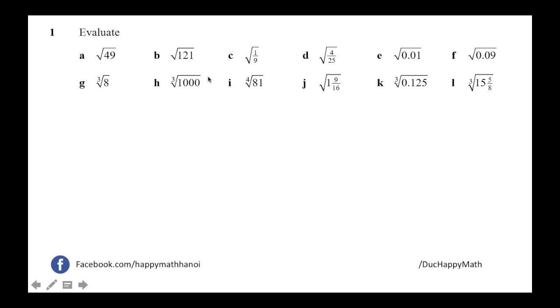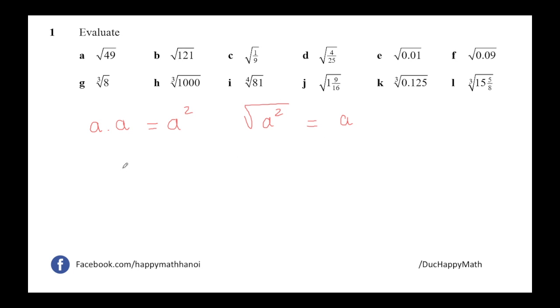For example, in question 1, find the value of the square root in some exercises. Let me give an overview of what the square root means. When you take a times a, it will be equal to a square. So when you take the square root of a square, you get a.